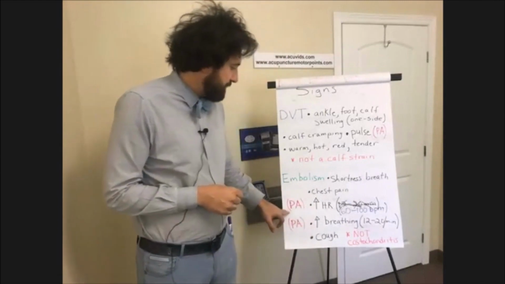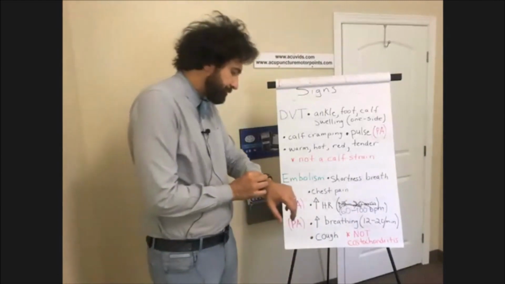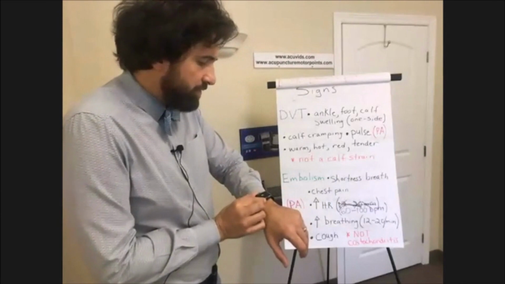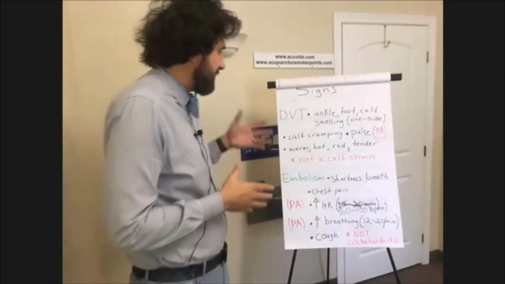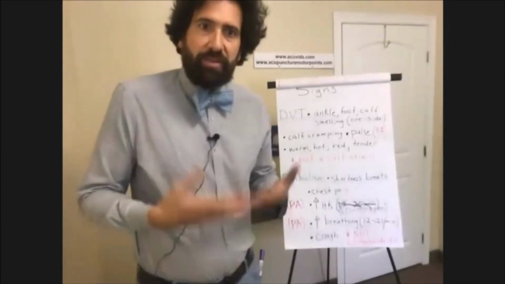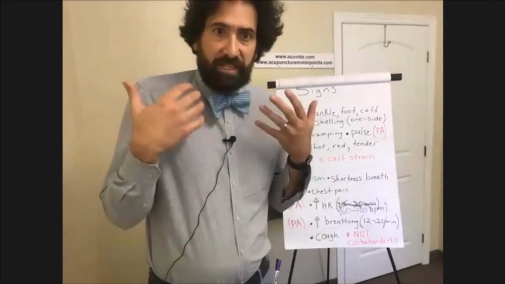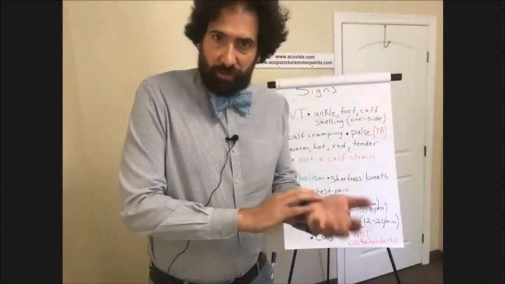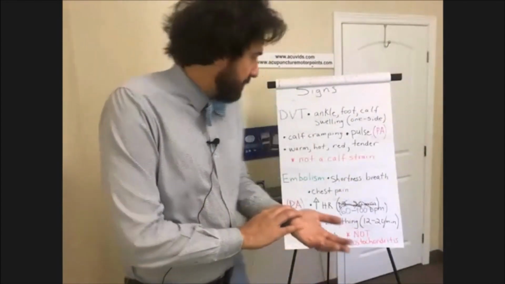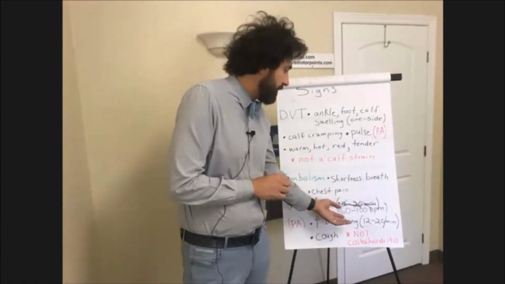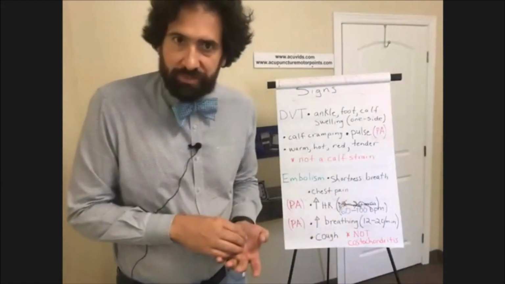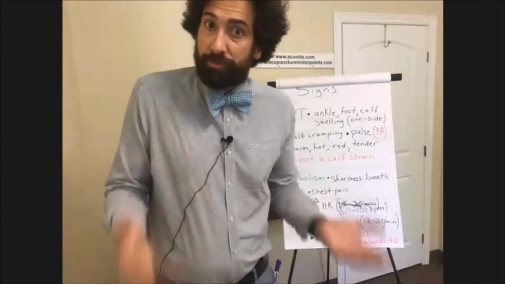And again, we see this PA. So what's great about this is that if someone comes in with shortness of breath and chest pain, it takes 15 seconds to take their pulse, okay? And the normal heart rate for a pulse is 60 to 100 beats a minute. Take it for 15 seconds, multiply by 4.